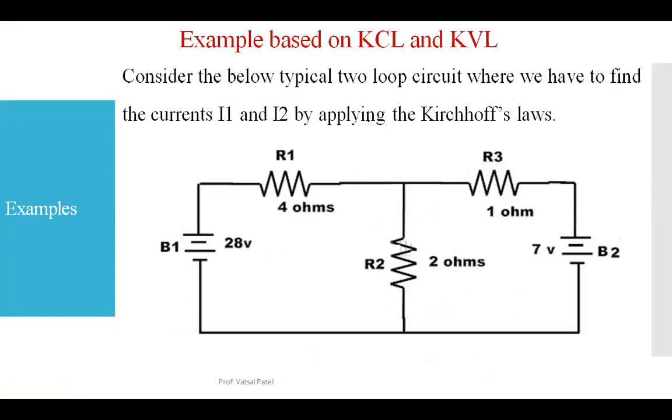This is another example in which we have two battery sources and three resistances given, and we have to identify the current using Kirchhoff's law.